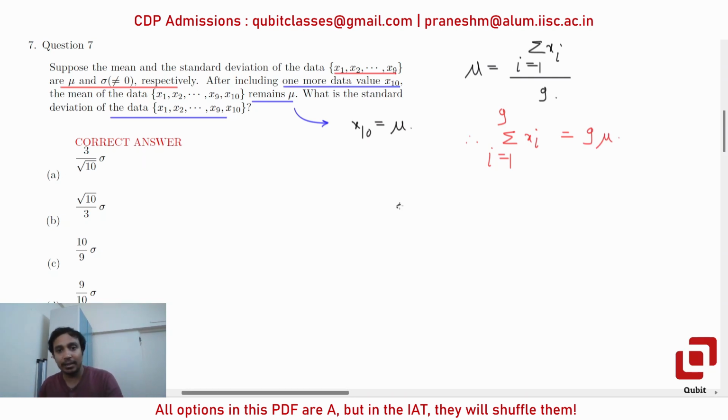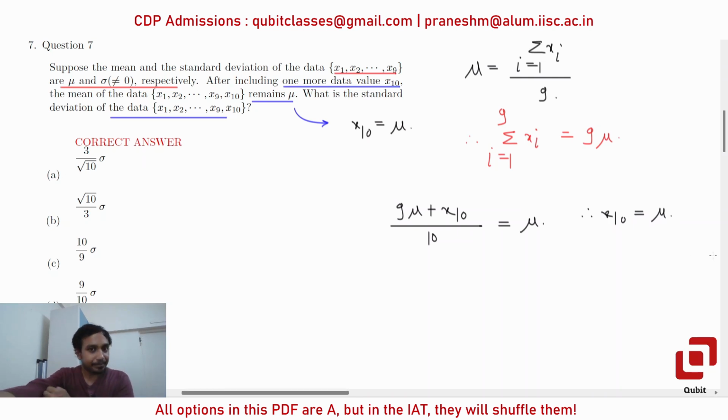So you are adding x10 to this sum and then dividing by 10, and you are still getting mu. If you solve this equation you will get x10 equal to mu. So we have now successfully proved that the number being added is actually mu. They have not told that in the problem, but we are supposed to find out first that the one more data value that we are adding is mu itself.